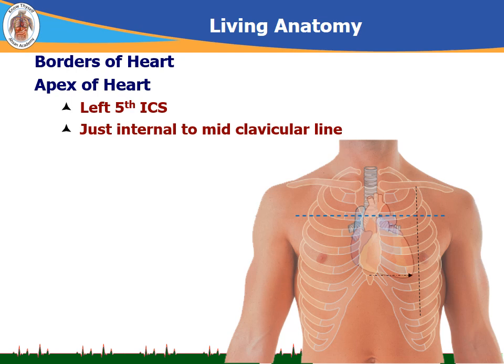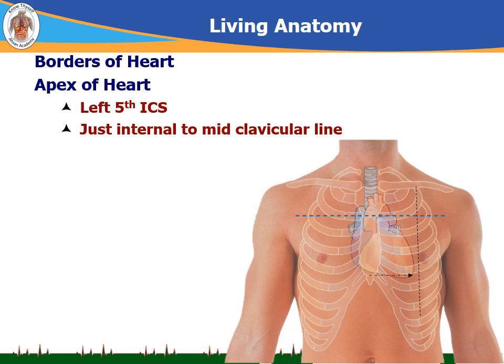In some cases, we express the position of the apex by mentioning the distance of the apex from the midline, like 9 centimeters from the midline. But it is not correct to mention the measurement from the midline.